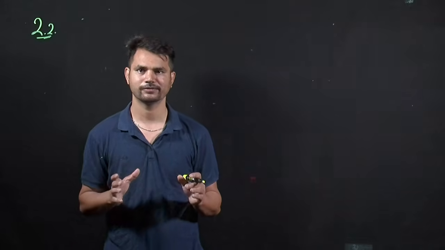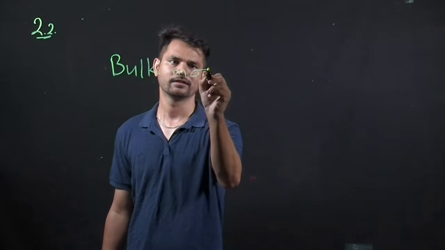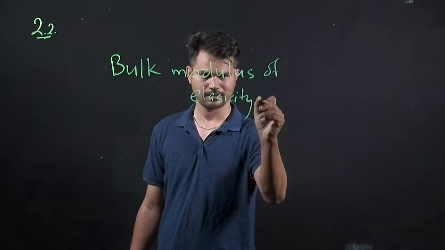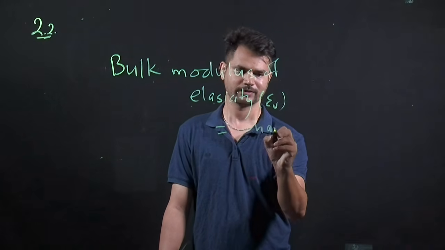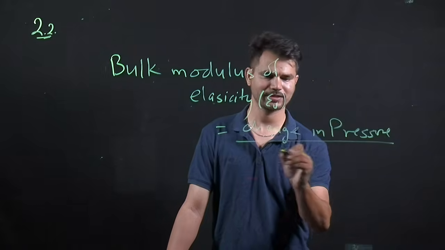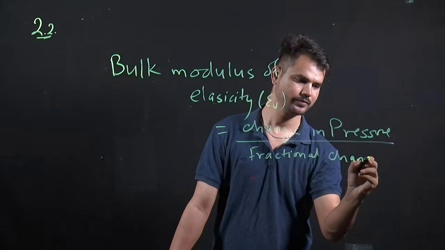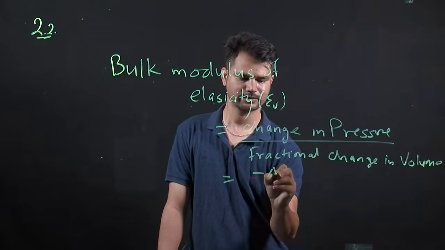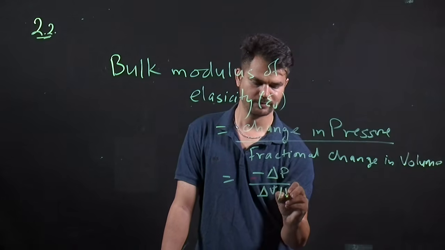What we need to understand first is what bulk modulus is. Bulk modulus of elasticity is the ratio of change in pressure to fractional change in volume, which is equal to minus delta P divided by change in volume divided by volume.